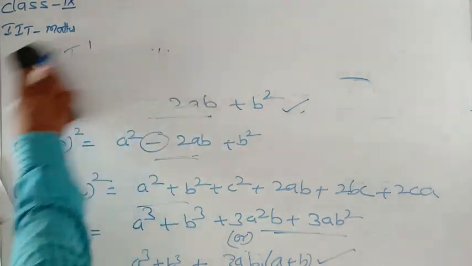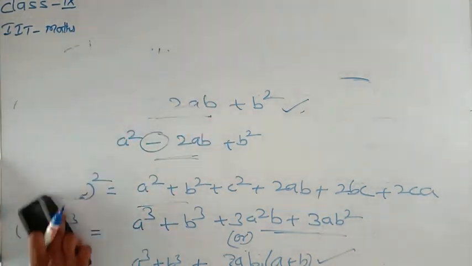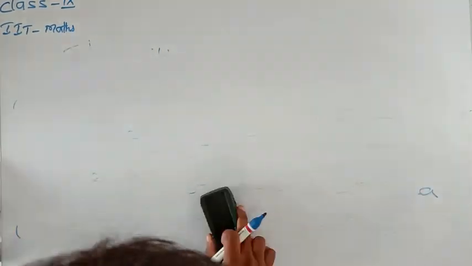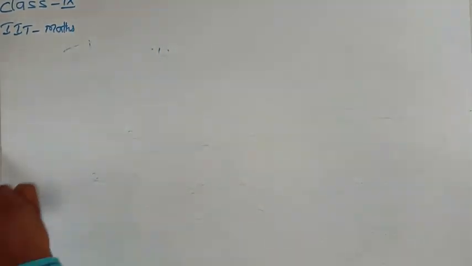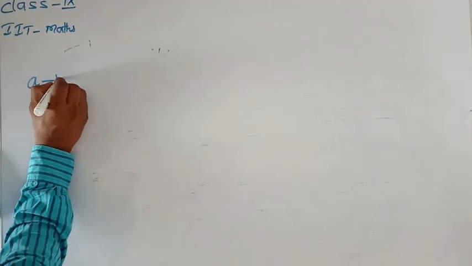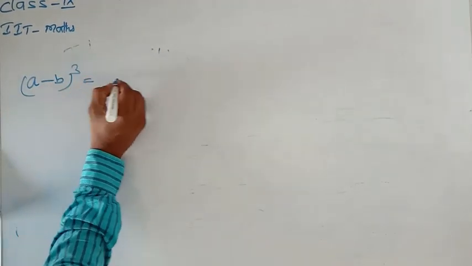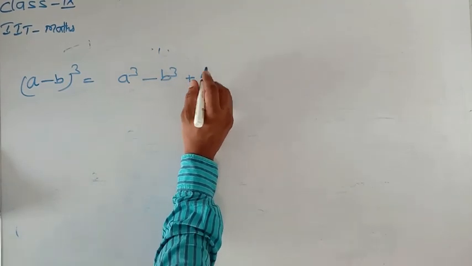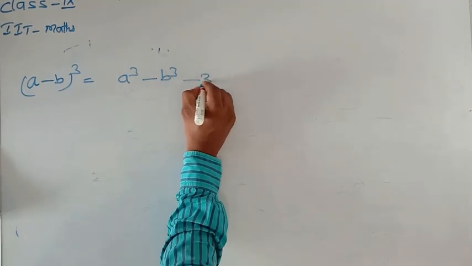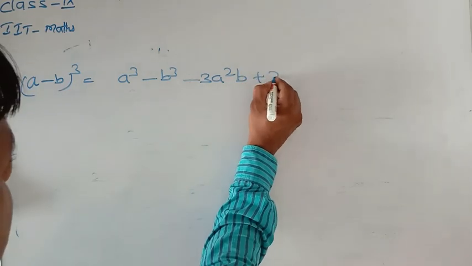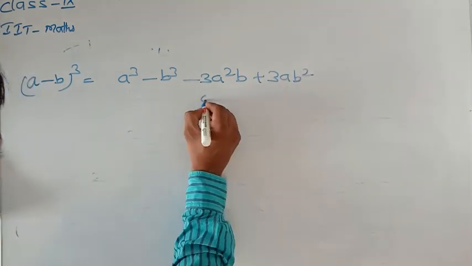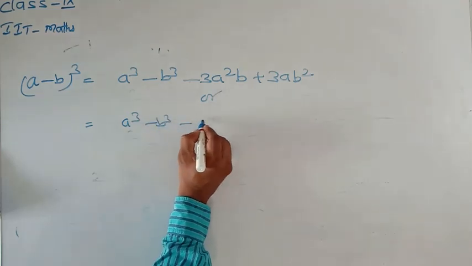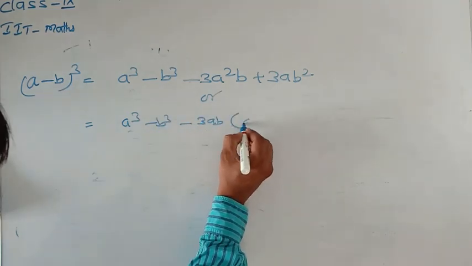Then one more identity, the fourth identity, is (a − b) whole cube. The formula is a cube minus b cube minus 3a square b plus 3ab square, or I can write a cube minus b cube minus 3ab into (a − b).